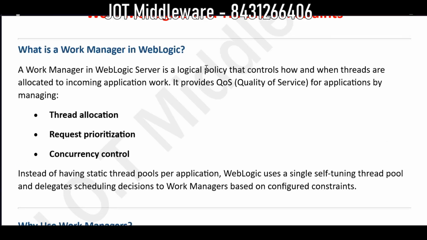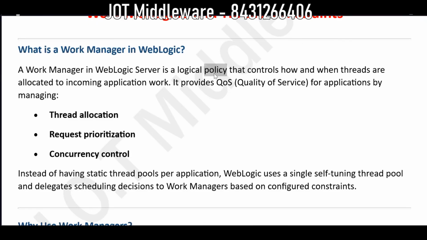Because it is a policy and you define it based on a few constraints, your application's criticalness, and the prioritization and distribution of resources.